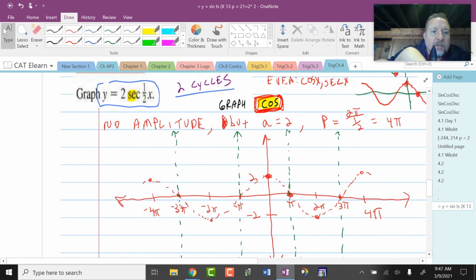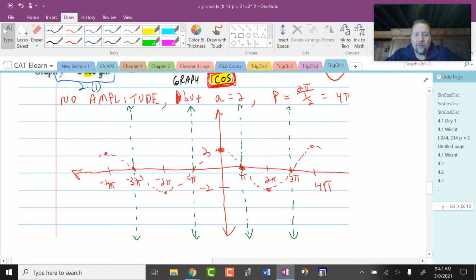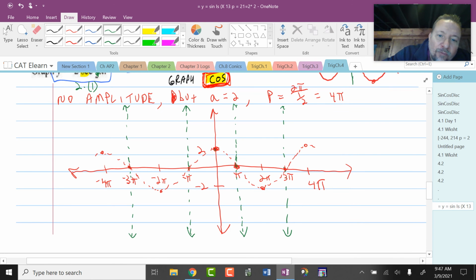No. Order of operations. The secant of 0, that would eliminate that half. The secant of 0 is 1. What's 1 times 2, everybody? 2. So whatever this value is here, because of order of operations, they will always share it.